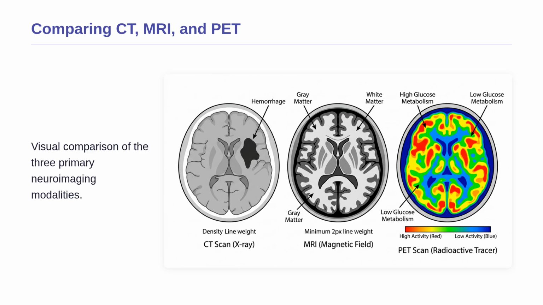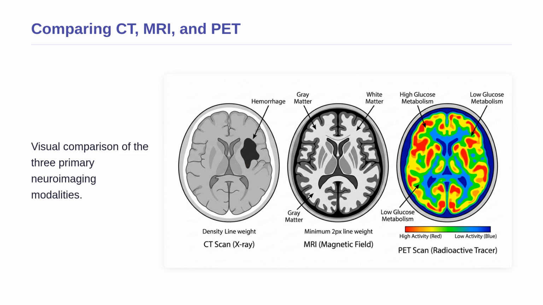Having explored the physics and mathematics, let us visually compare these three powerful tools. On the screen, you see three distinct cross-sectional images of the human brain. On the far left, the CT scan uses X-rays to clearly highlight a dark region, representing a hemorrhage or bleeding.